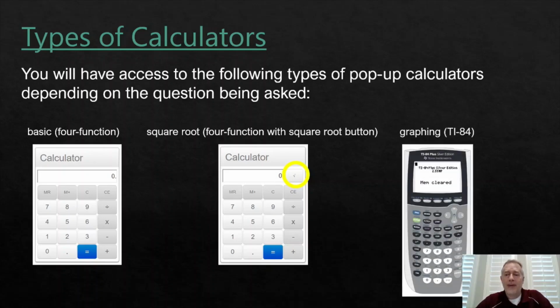And every now and then, not very often, they let you use a TI-84 graphing calculator. So when you hit the graphing button icon, if a calculator shows up, it will be the basic calculator. Otherwise, they'll give you a menu, and it's going to say, do you want to use the basic, do you want to use the square root, or do you want to use the graphing calculator? And you could pick to use any of the three types on those questions. Like I said, though, that doesn't show up very often.